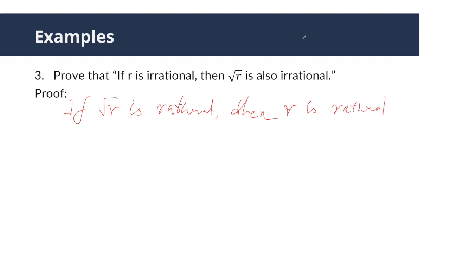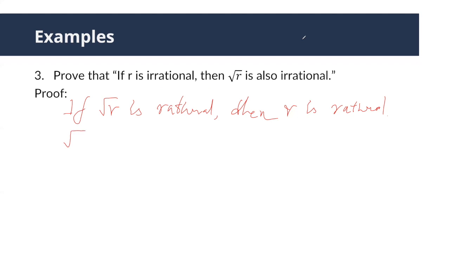Why do we do this? Because we know how to represent a rational number. The definition of being rational is a real number r is rational if there exist integers p and q, where q is not equal to 0, such that r equals p over q.